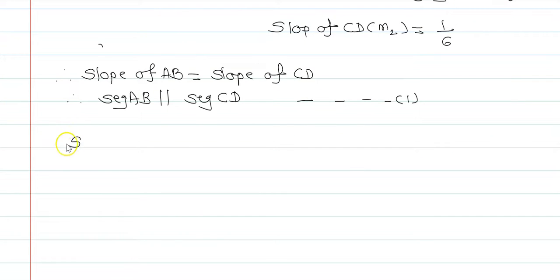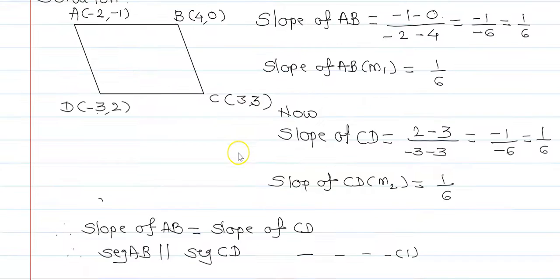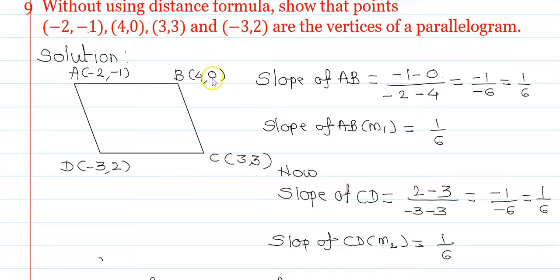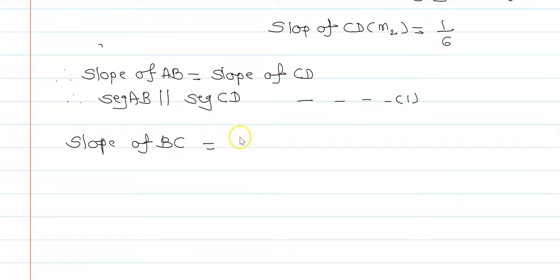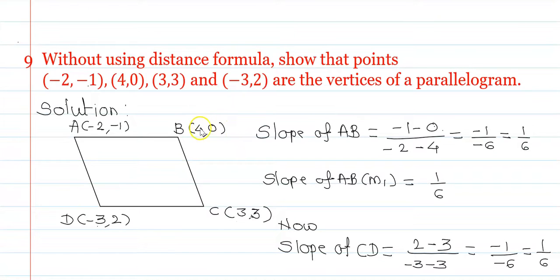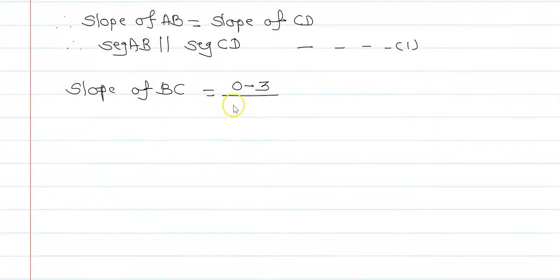Now we find out the slope of BC and AD. Slope of BC, again 0 minus 3 upon 4 minus 3, that is equal to minus 3 upon 1, which equals minus 3.